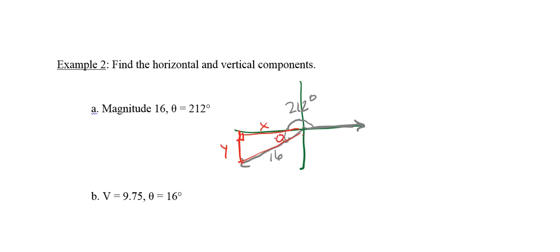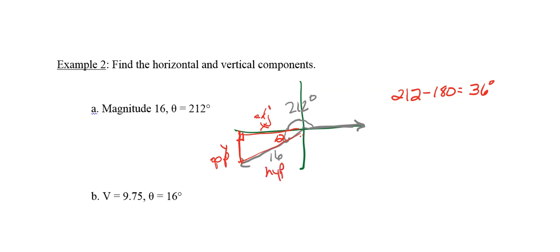So I need to find this angle, which remember is our reference angle, and in the third quadrant we would do 212 minus 180, we would end up with a 32-degree reference angle. Now if we think back to last chapter, this would be my opposite side, this would be my adjacent side, and the 16 would be my hypotenuse.